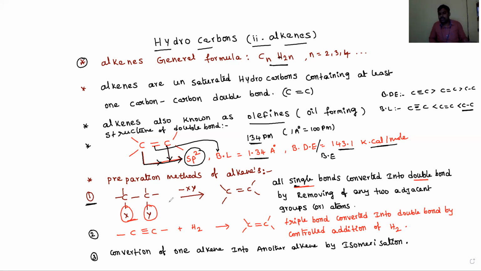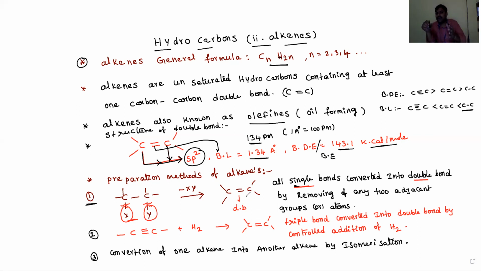If those groups are removed, that is, the C-X and C-Y bonds are broken by either homolytic or heterolytic cleavage, then the carbon-carbon single bond is converted into a double bond, and it forms an alkene.